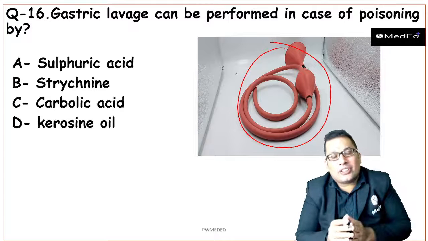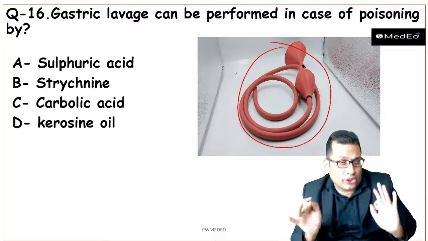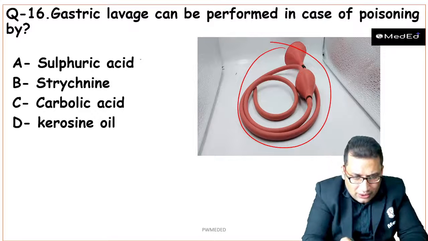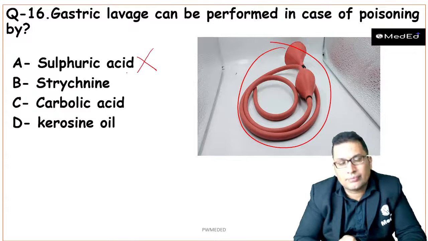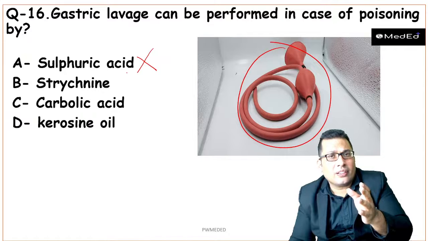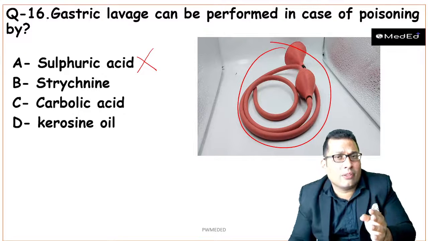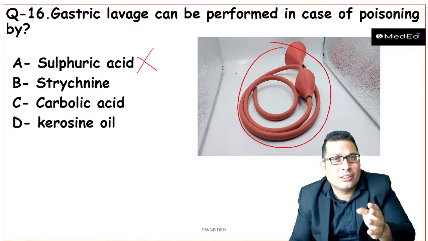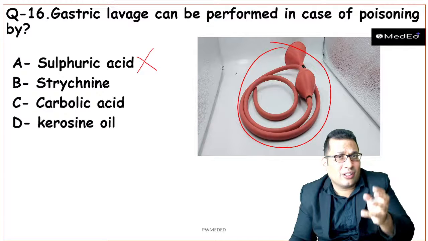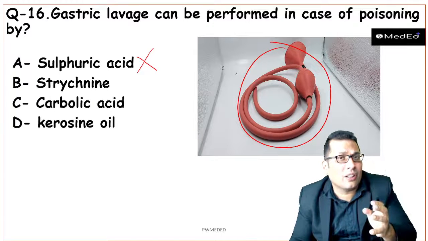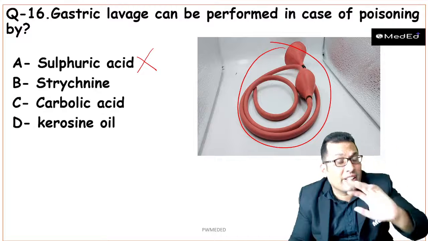Gastric lavage is contraindicated in corrosive poison, so sulfuric acid is contraindicated. Strychnine is a relative contraindication for gastric lavage. It is a spinal poison that causes convulsions. Convulsions are a contraindication for gastric lavage because of the risk of aspiration.